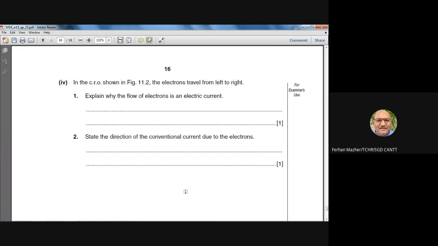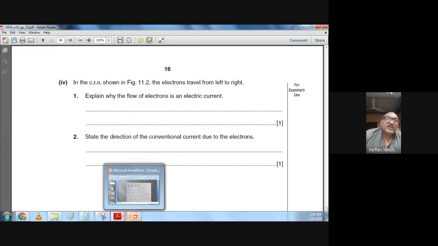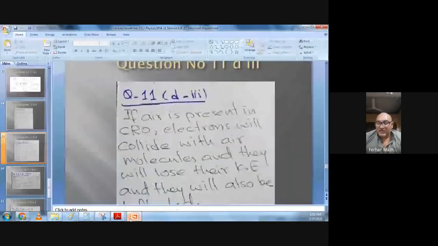Explain why the flow of electrons is an electric current. The electric current means the flow of charges, because the electrons have charge on them and they are moving. So we will call it an electric current, because electrons have charge and the flow of charges is called current.